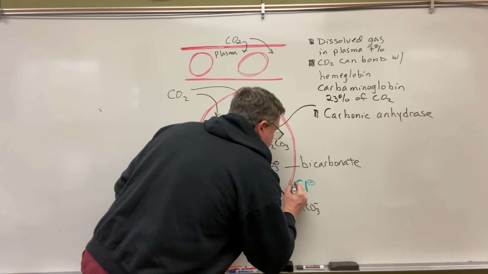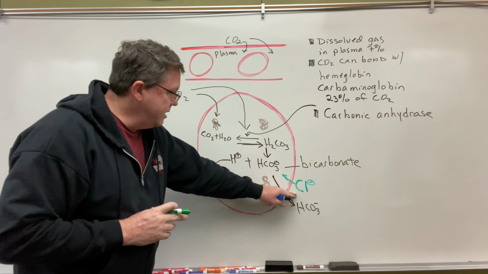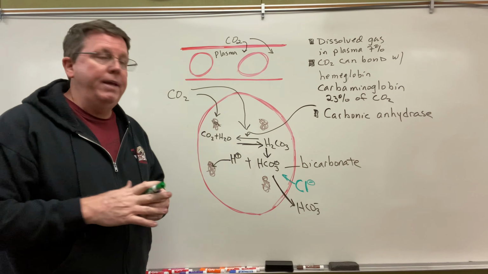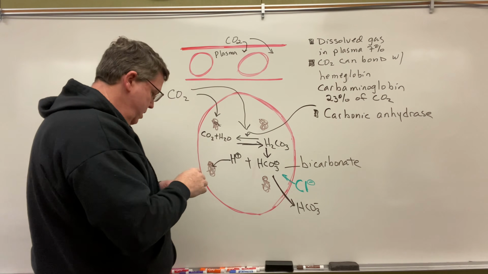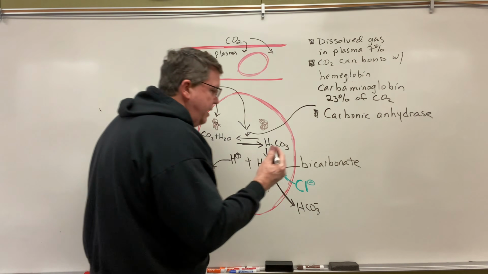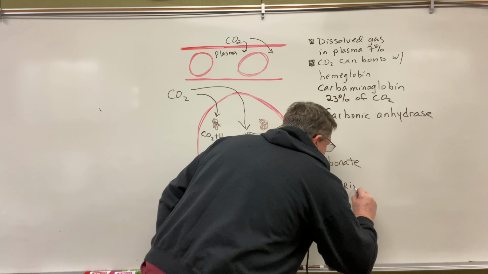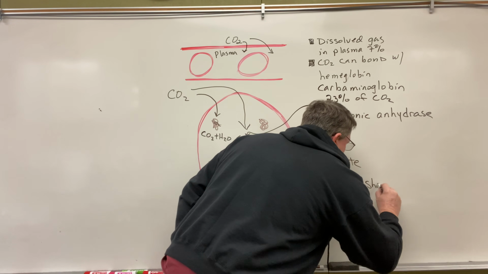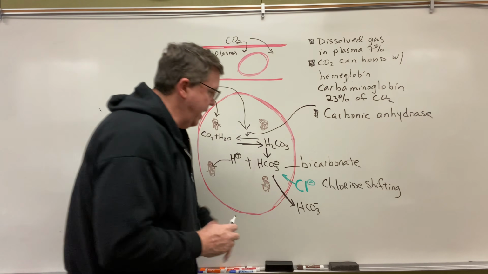So all I'm doing is putting this back into there. Does that make sense? That maintains basically the overall charge of this red blood cell. When it does this, this is called chloride shifting. And now this will just go into plasma.